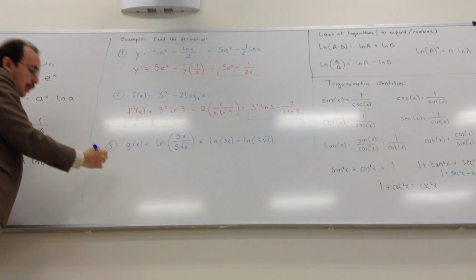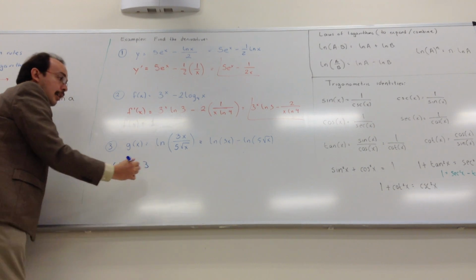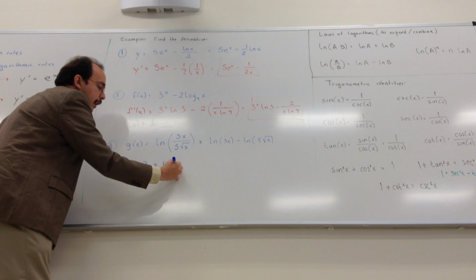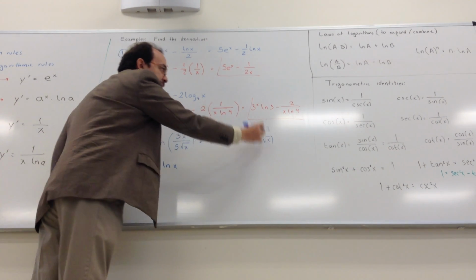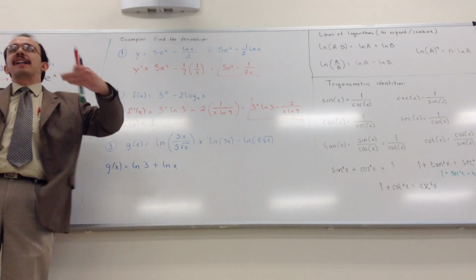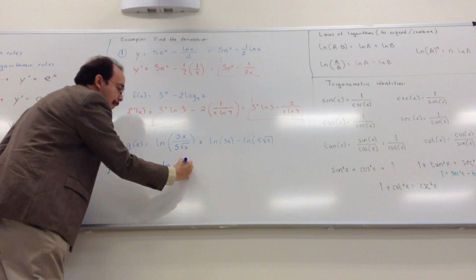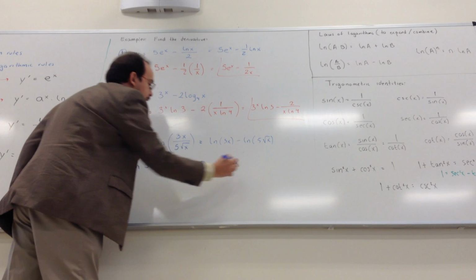You need to expand it again: ln of 3 plus ln of x. And then, what about this one? Because of this, it's a product, so an addition. But because that minus affects both, it's going to be minus ln of 5 minus ln of the square root of x.